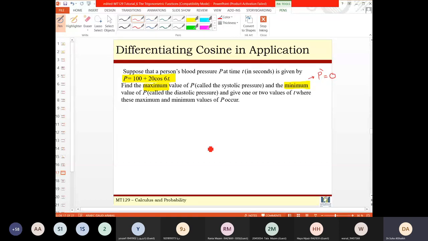So I'm talking about P dash equal to 0 to get the maximum and the minimum point. So of course I have to find the derivative. My P is given by 100 plus 20 cosine of 6t. What will be my P dash now? Derivative of 100 is 0. Derivative of the cosine is what?